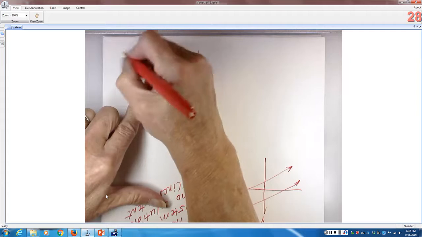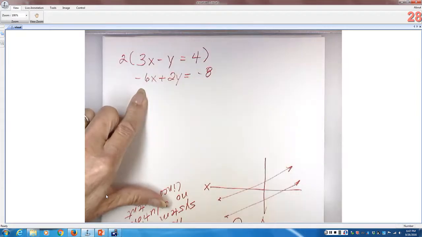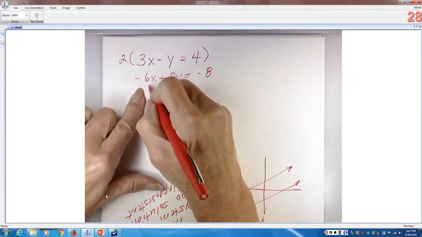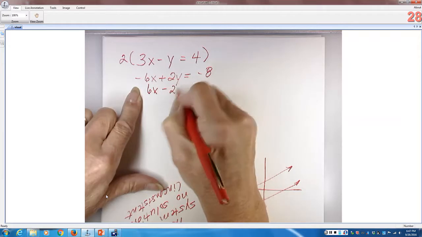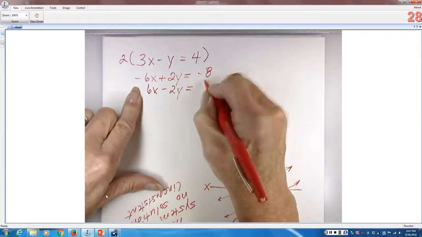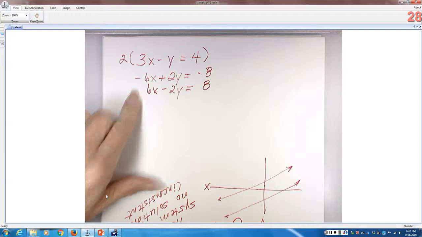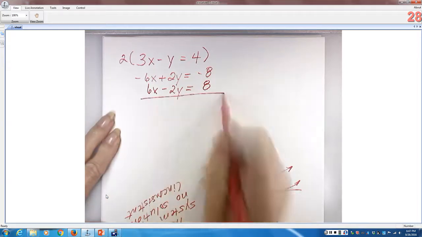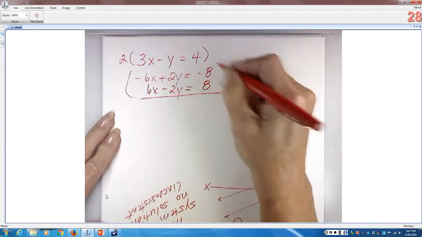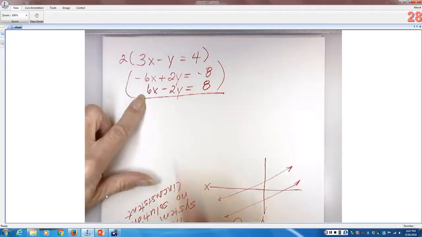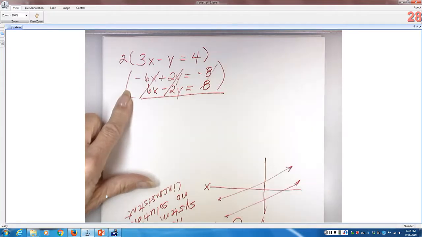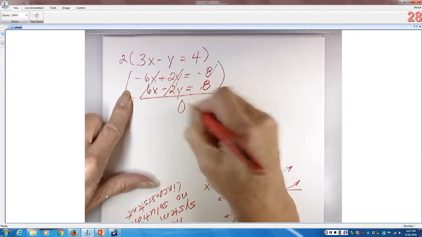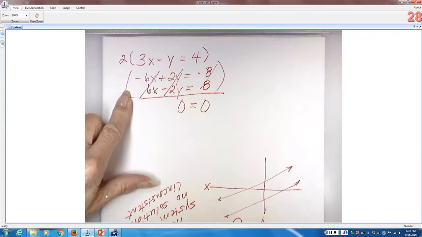So I'm gonna take 2 times the first equation, so 2 times 3 is 6x minus 2y equals 2 times 4 is 8. I'm going to add those together. When I add them together, that drops out, but so does that. So what I've got here is 0 equals 0.